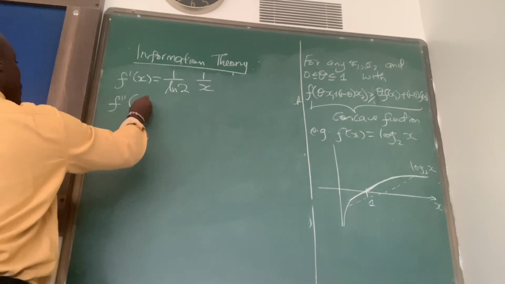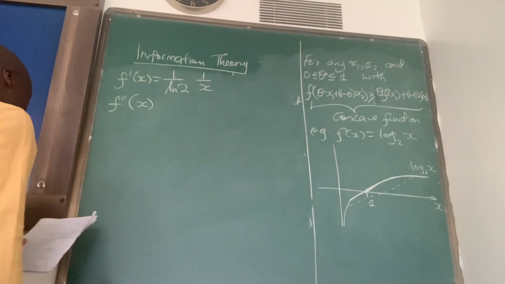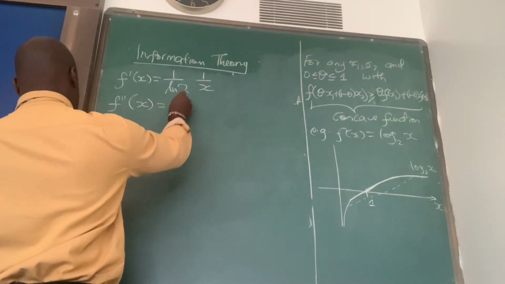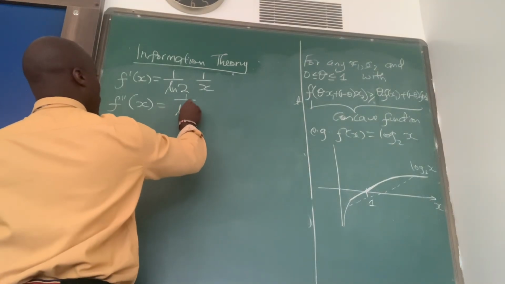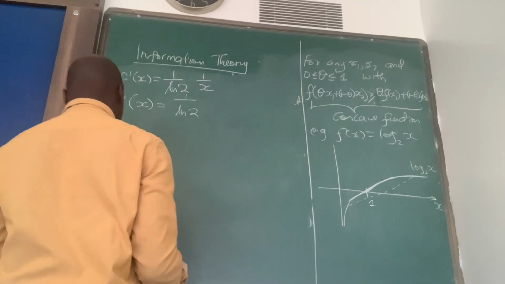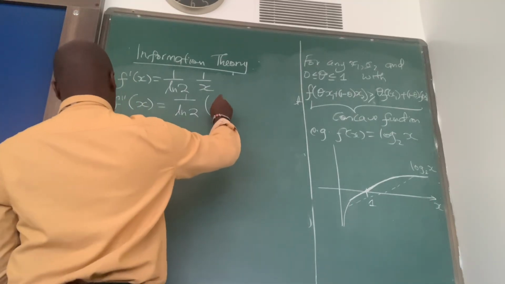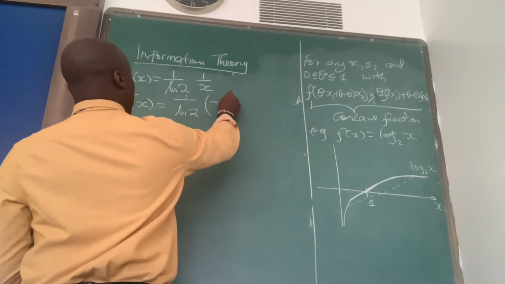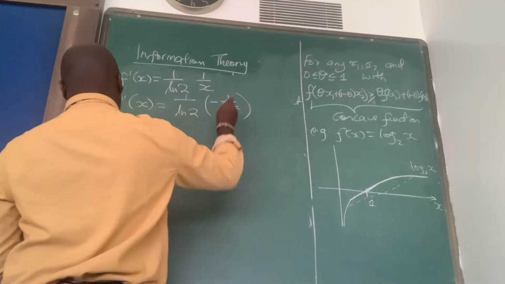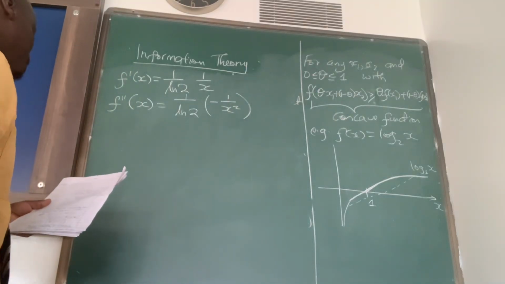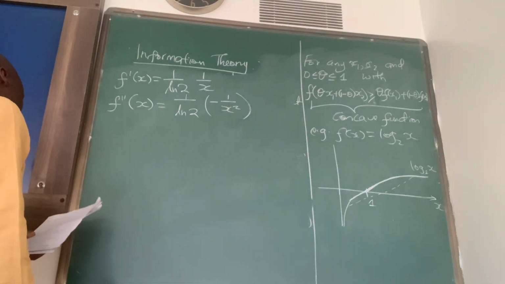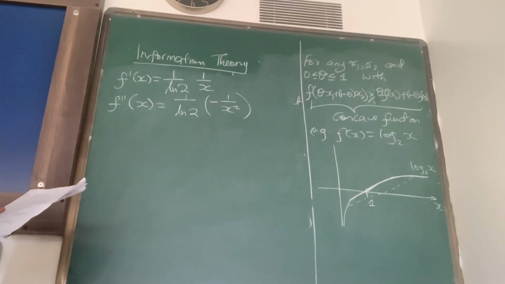Then you can differentiate this again. The second derivative is just going to be what? 1 over ln 2 times minus 1 over x squared. Okay?